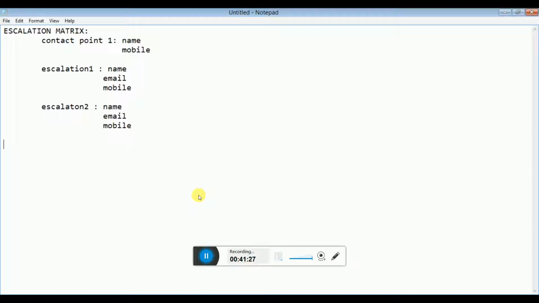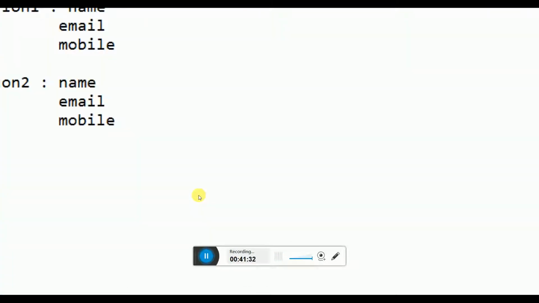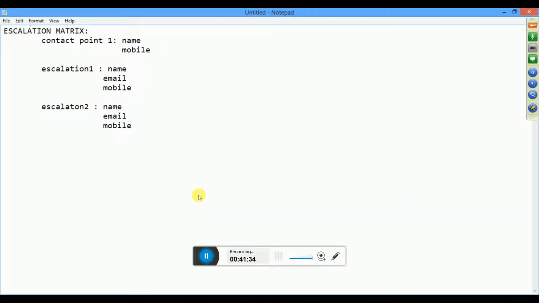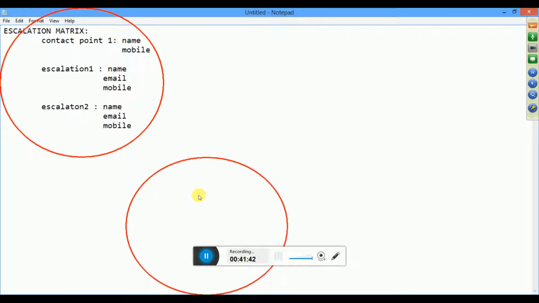So you have an escalation matrix for the QA team. The same way you have an escalation matrix for the middleware team. This is a QA escalation matrix. The same way you have your middleware. If you look at a middleware escalation matrix, the person in shift is the first escalation point.